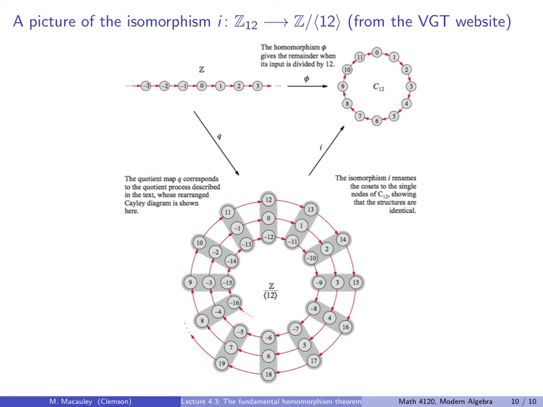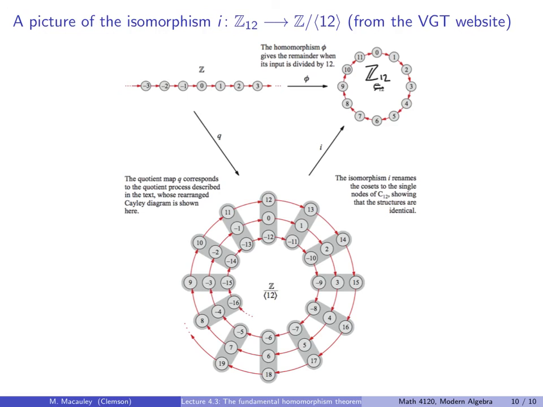So here we have a homomorphism from the integers Z to the cyclic group. Now they call it C12. They don't differentiate between C12 and Z12 being multiplicative or additive. So I'm going to actually cross this out and write this as Z12. And this homomorphism just takes an integer and reduces it modulo 12.